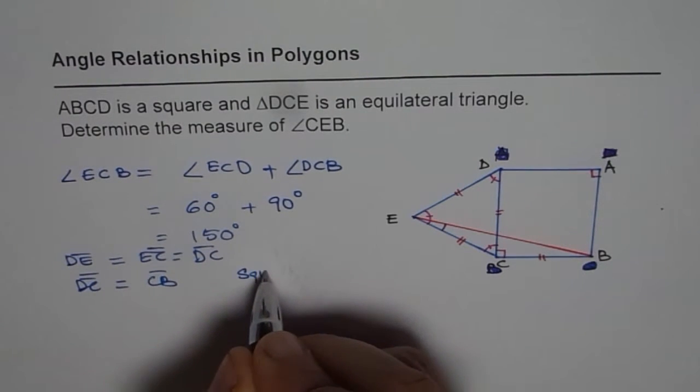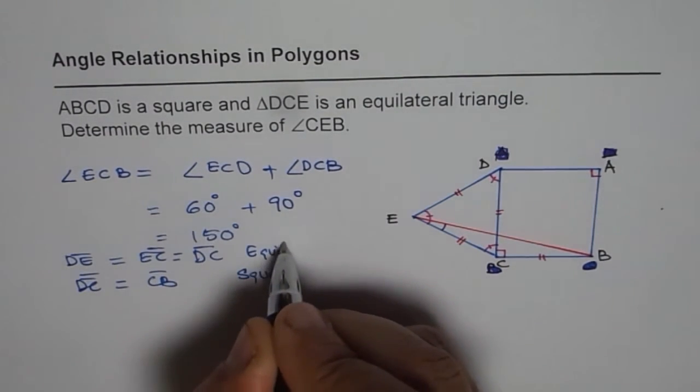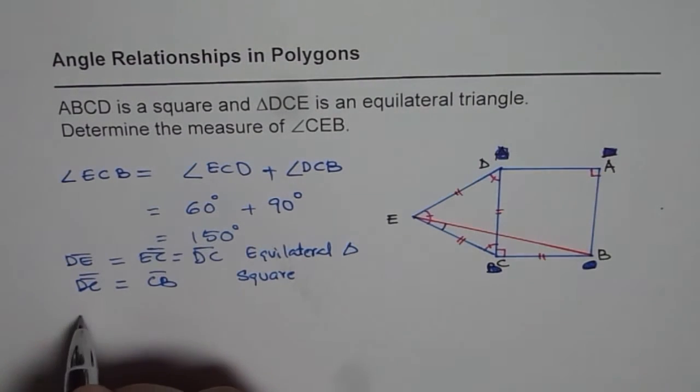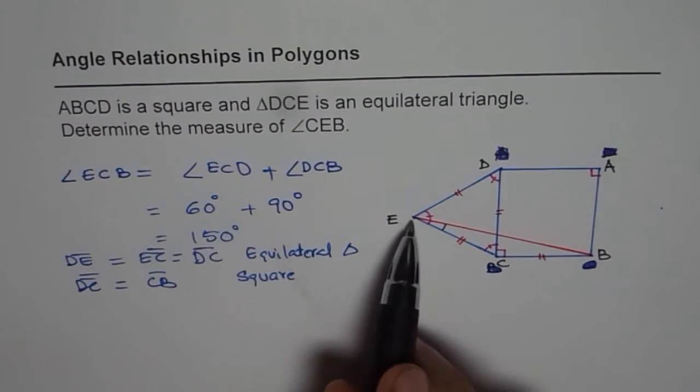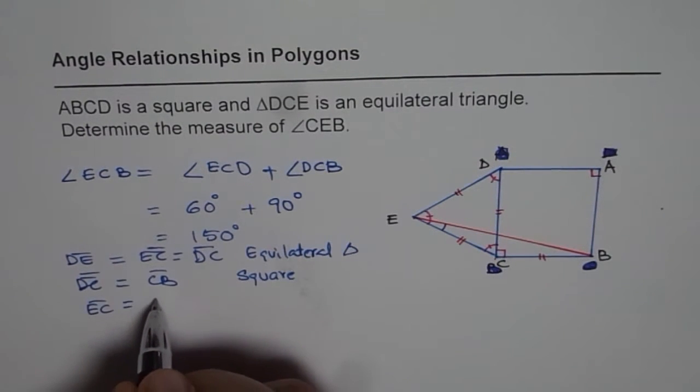So this is a square, and that's an equilateral triangle. From here we can say that EC is equal to CB, right? So we have EC equals CB.